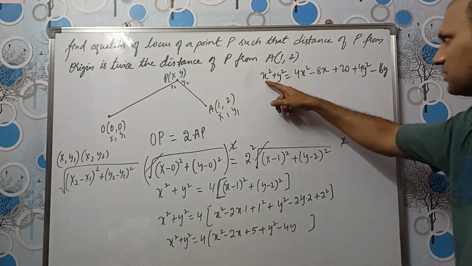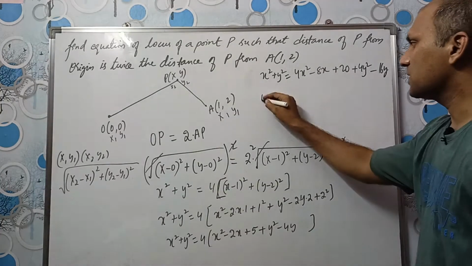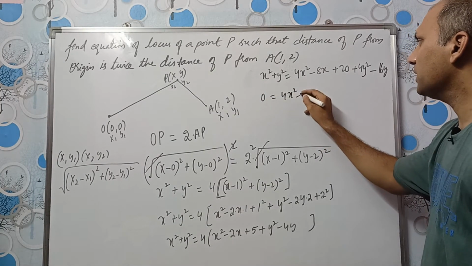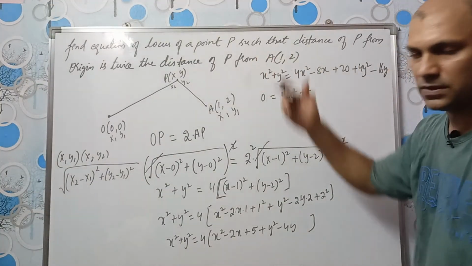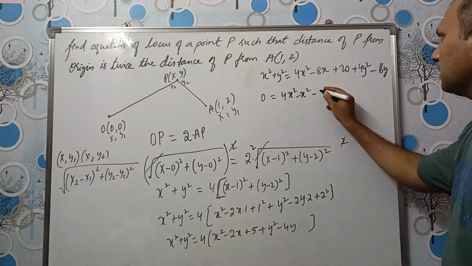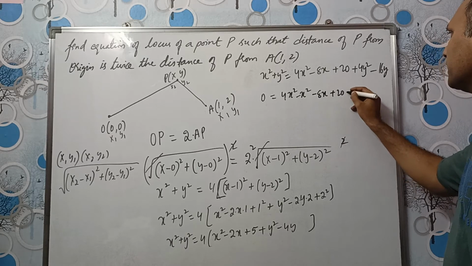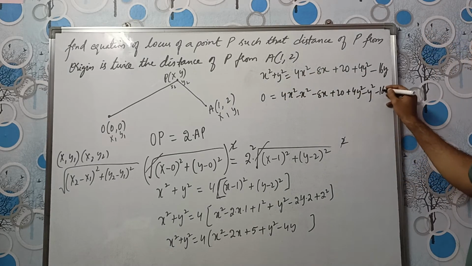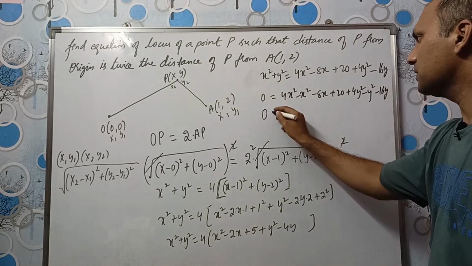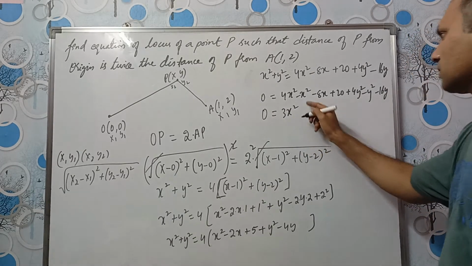Let us bring this x square plus y square this side. So this will be 0 here, it is 4x square. This x square we sent it this side. We can send all the terms this side also, we'll get the same answer. Minus 8x plus 20 plus 4y square minus y square minus 16y. So this is 0 is equal to 3x square.